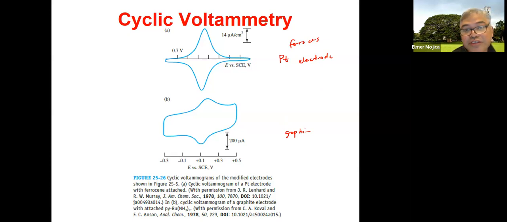So you can use the CV for the modified electrode, like this one, the graphite electrode with attached pyridine, ruthenium, amine. So this is, we could say, one way of determining the electrochemical property of a system that you have, which in this case is the so-called modified working electrode.